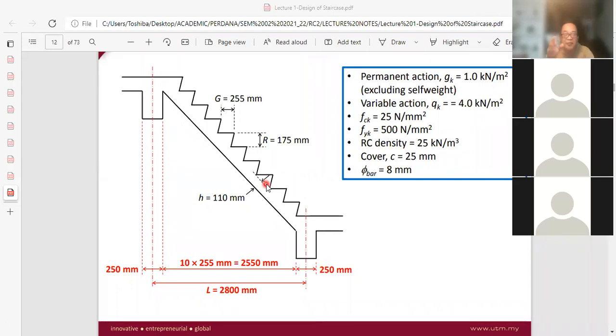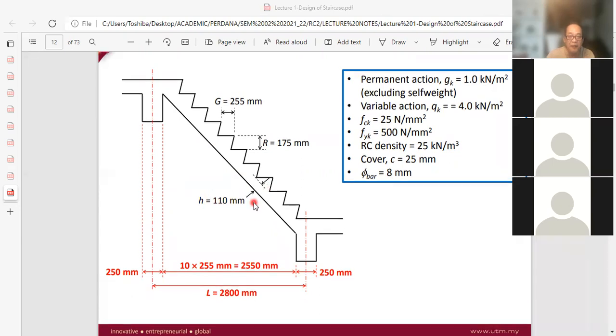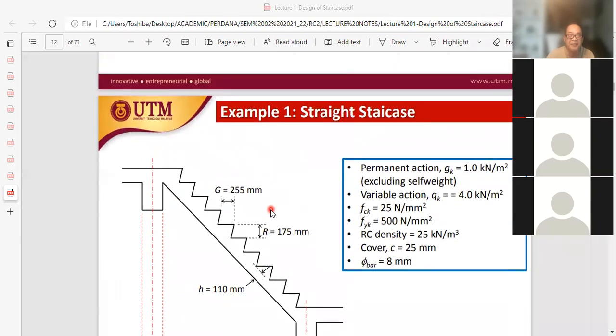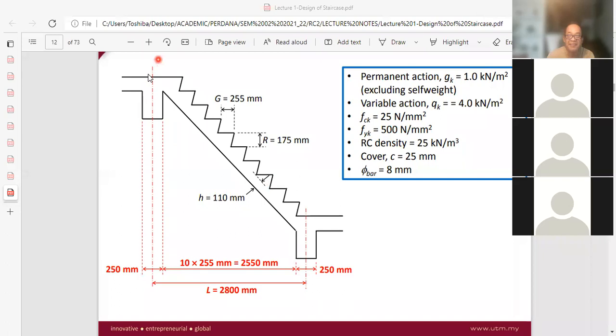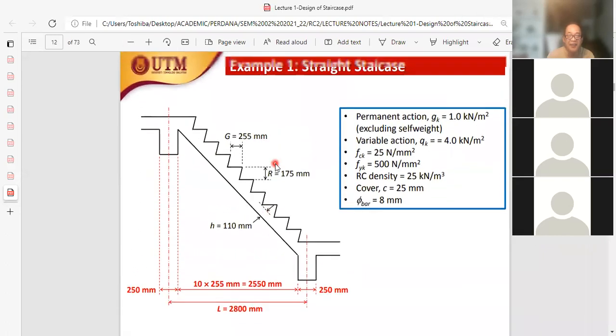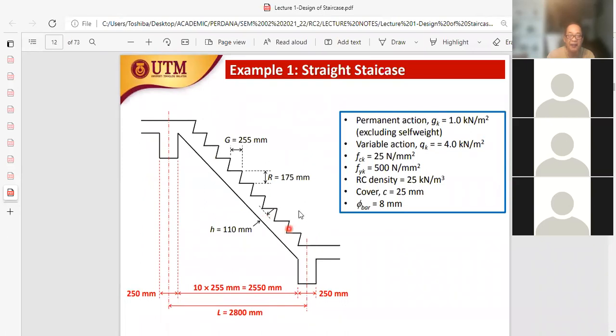Just to obtain suitable thickness for staircases dan juga for slabs dan juga for beams, right? So anyway, walau macam mana pun tak apalah, because this example is using 110, but you can work out baliknya nanti. Okay? You can try and work out and look at the solution if you are using 125.